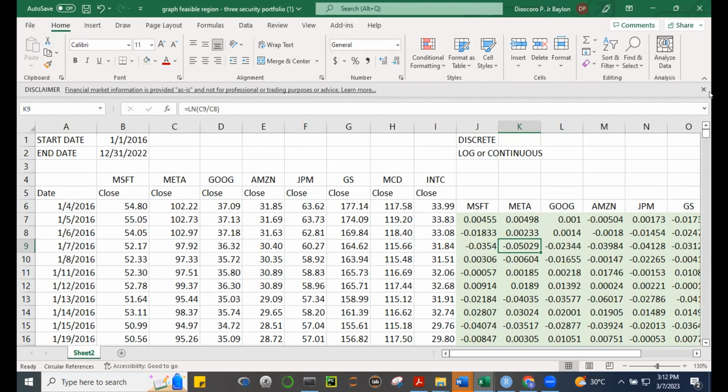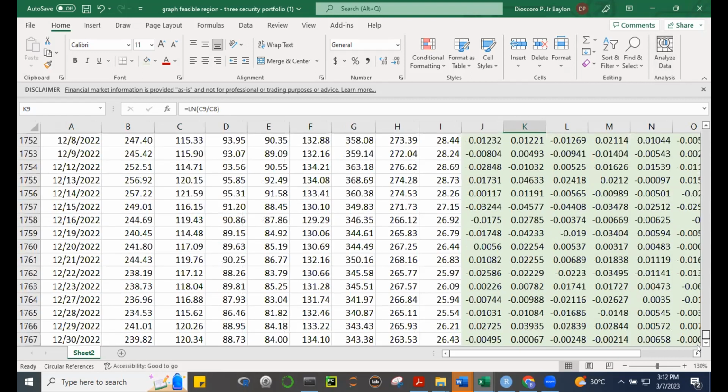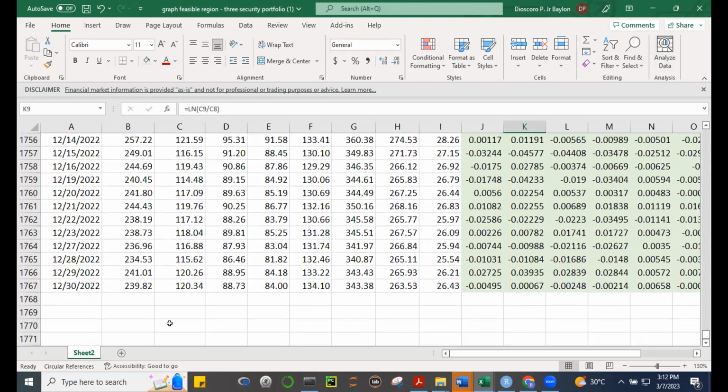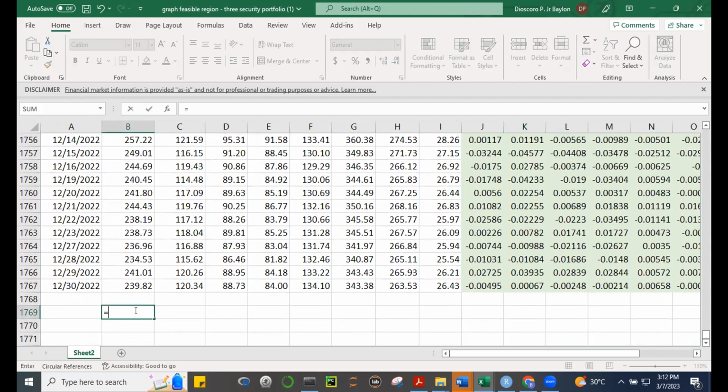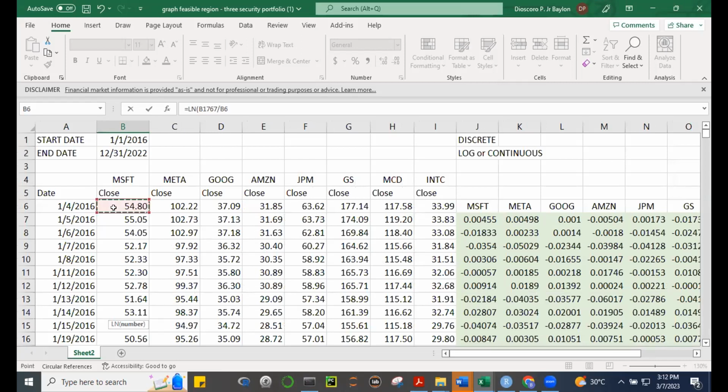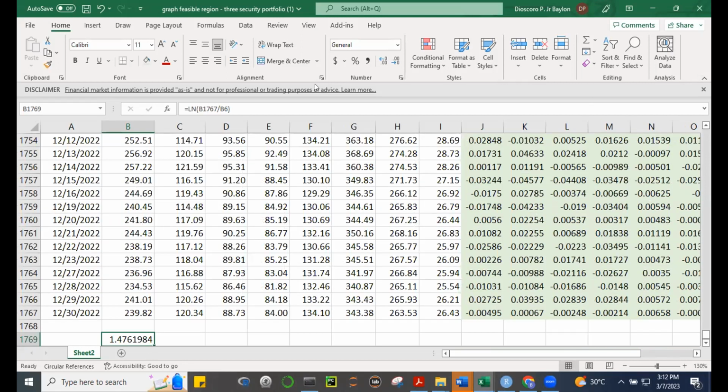Okay, so what did you get? Around 147%. Okay, let's validate that. So it's equal to the ln, natural logarithm, of the last day divided by the first day. And you get around 1.476 times.